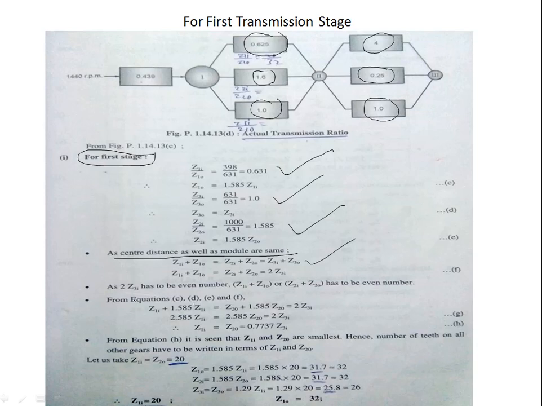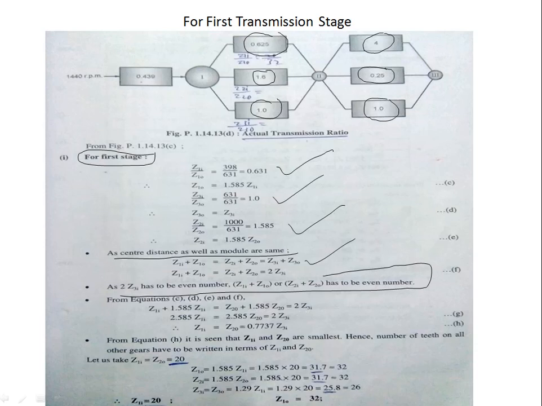So from equations C, D, E and F, we can write Z1 input plus 1.585 Z1 input is equal to Z2 output plus 1.585 Z2 output is equal to twice Z3 input.